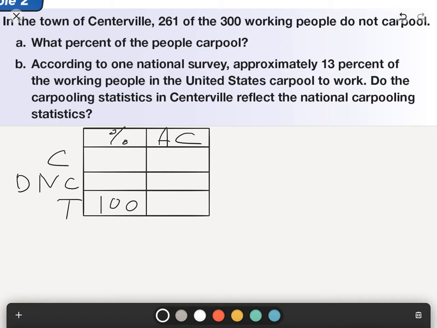And then we know that the total of people is 300, and we know that 261 of them do not carpool. So what's our quick snatch of a spot that we could just fill in the blank right immediately? Yeah. We could say that 39 people carpool. And how did you get that? We subtract 260 from 300. Yeah. Sorry, 261 from 300. Yeah. So, yep. That could be first quick step.